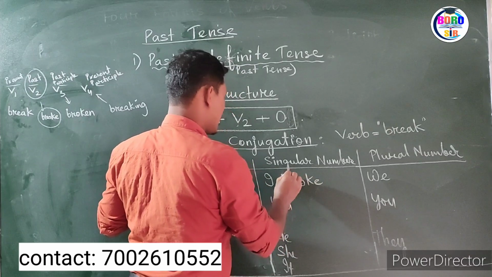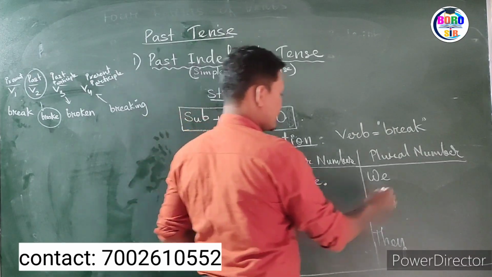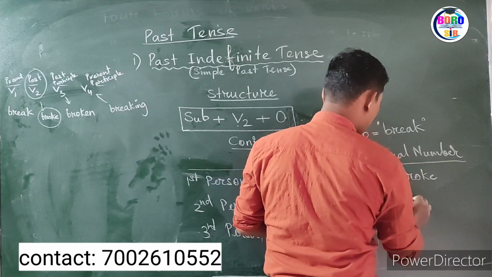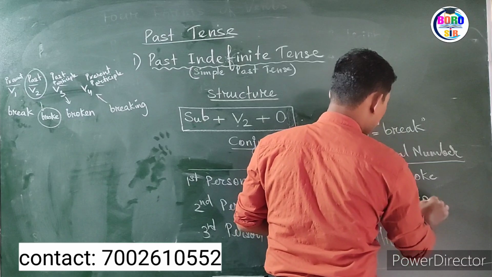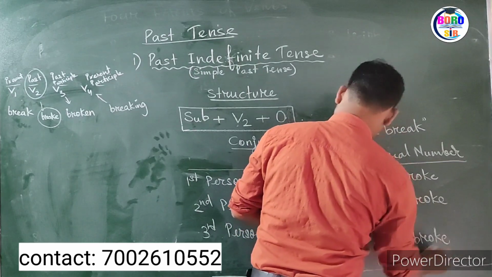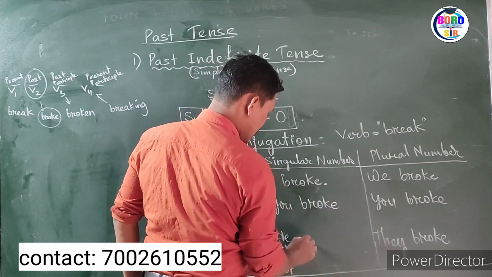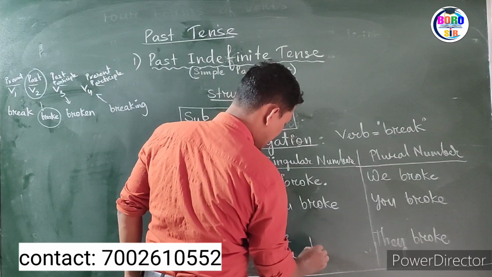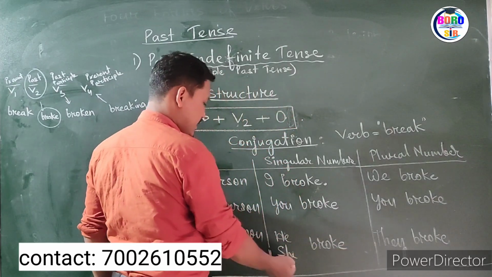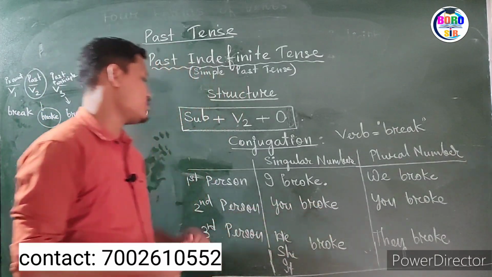I broke. You can write full stop here. We broke. You broke. They broke. You broke. He, she, and it broke. They all, he, she, and it, take the same verb number 2, broke.